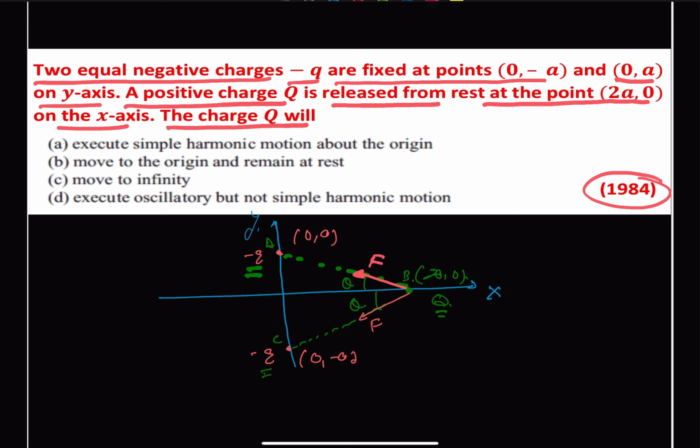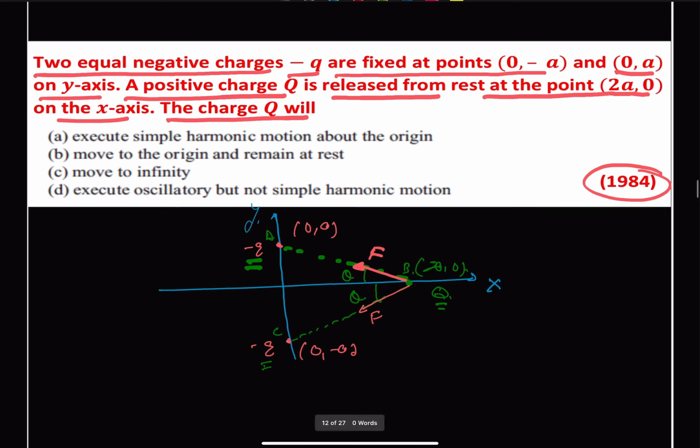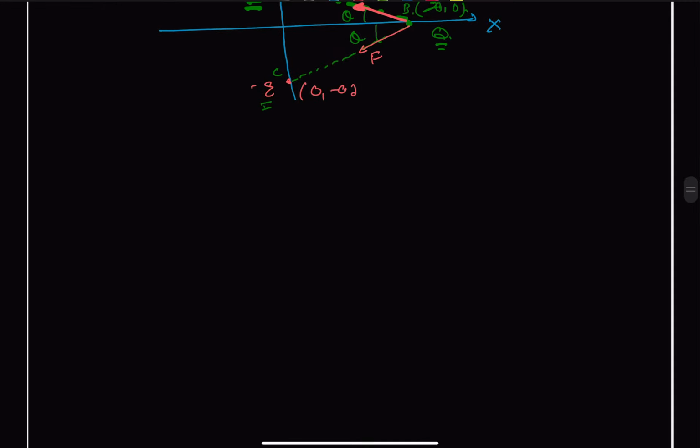And we can divide this force into two components. Let me draw it separately. So this is our point B and this is our 2a comma 0.